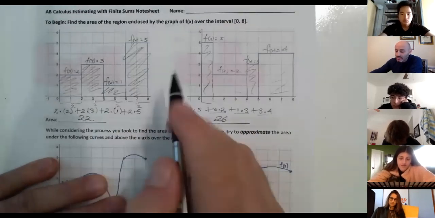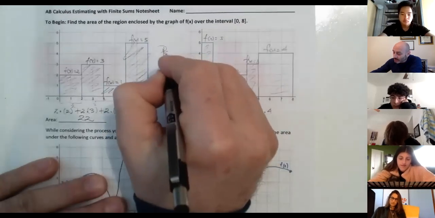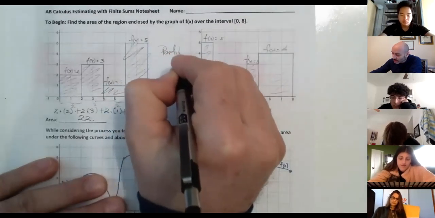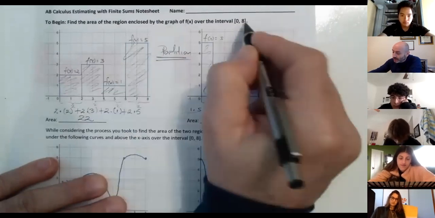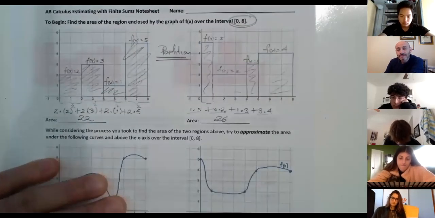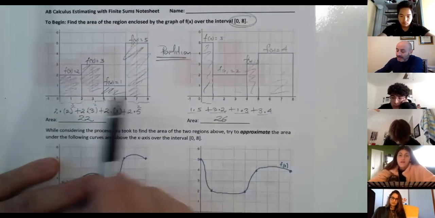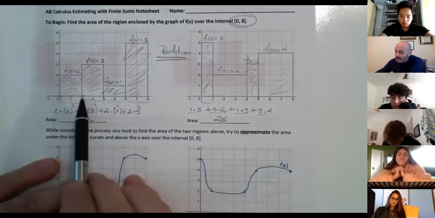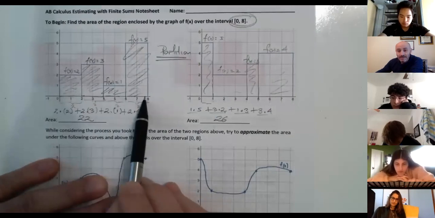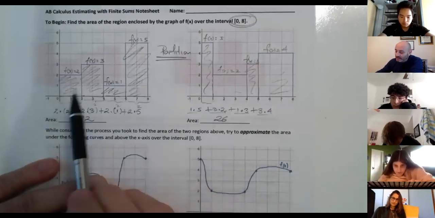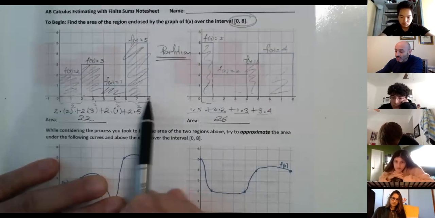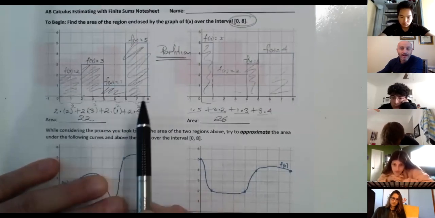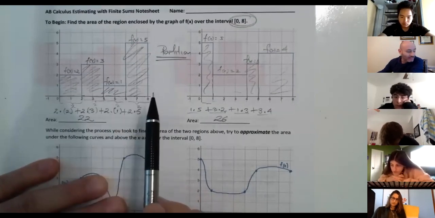So in both cases, what we have done is a partition of the interval that is given to us. In the first case, the partition has the same length for the bases. So we divided the interval from 0 to 8 in 4 intervals of even length, because they have the same length.